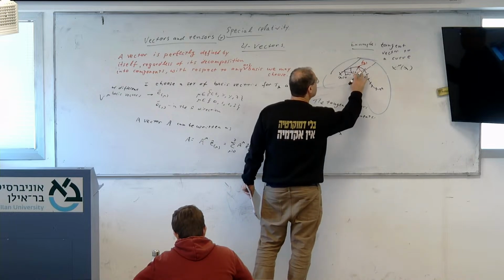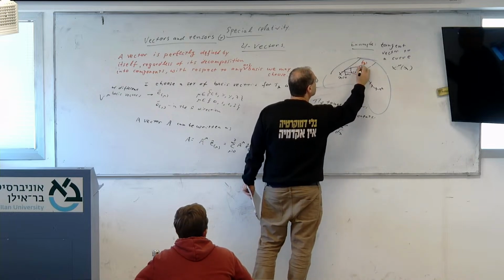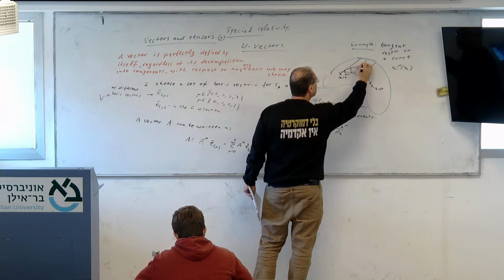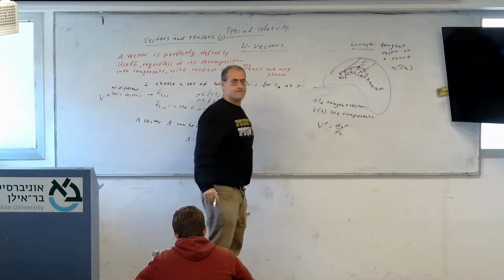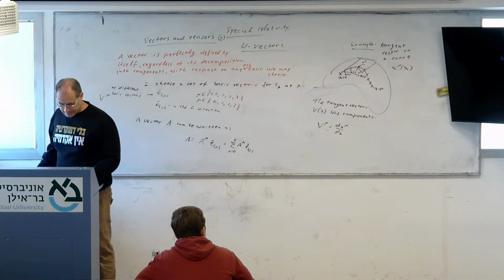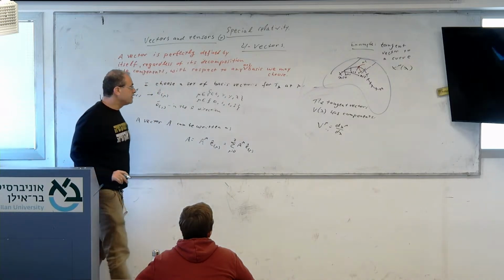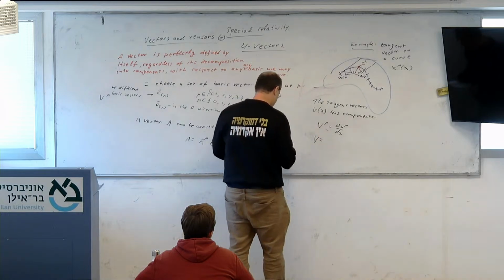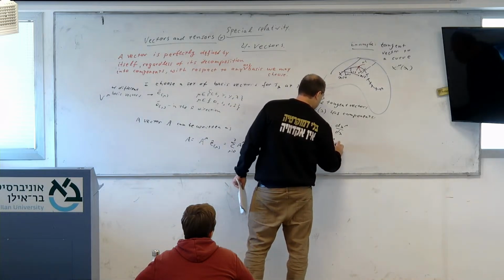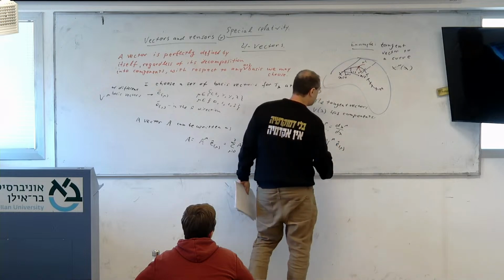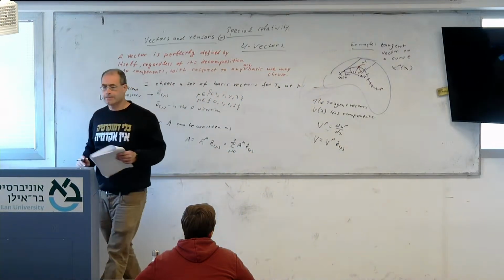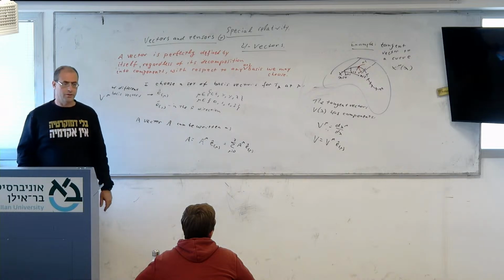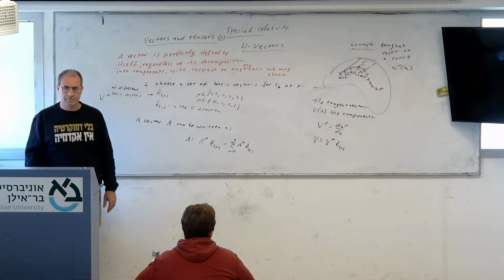I wrote e, but I should write x. x1 and x2. And the entire vector v is as we wrote before, v mu e mu. We'll have very thorough discussions about that in what comes.